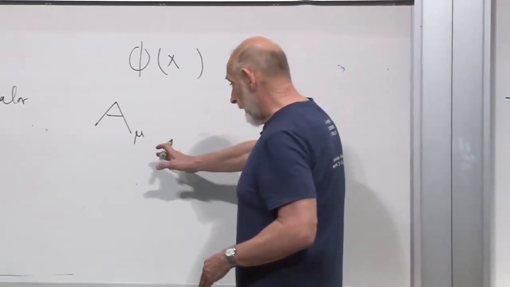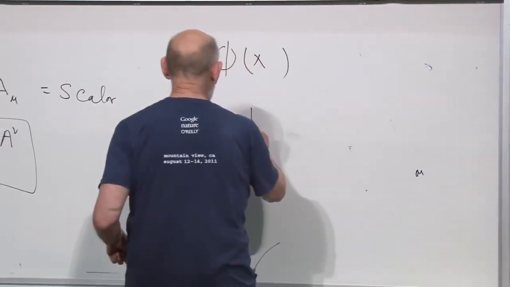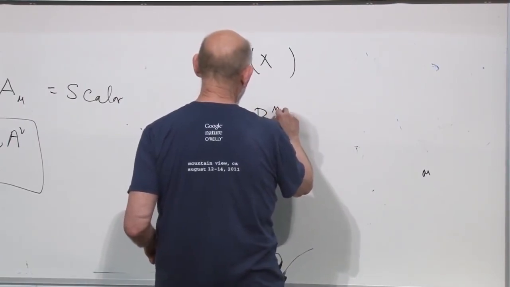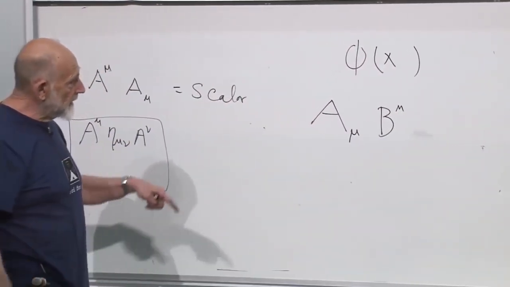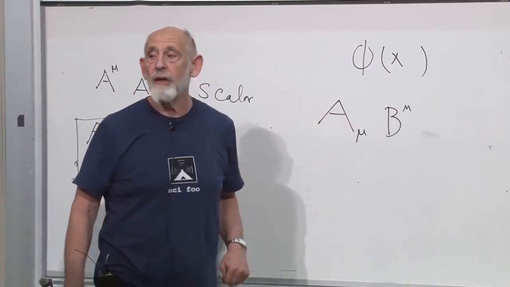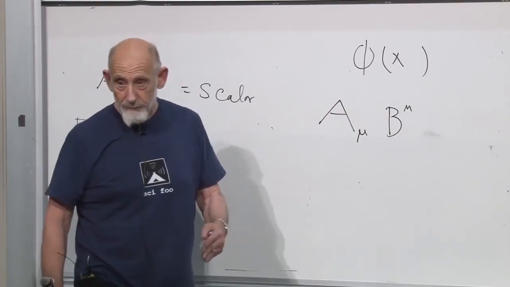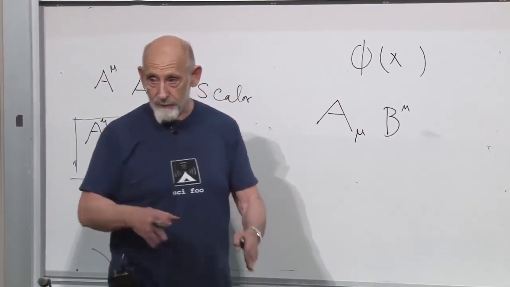Supposing you have a 4 vector, number 1, and number 2, another quantity, b mu, such that when you multiply a mu times b mu and sum over mu, you get something which is a scalar. In other words, something which doesn't depend on the frame of reference.